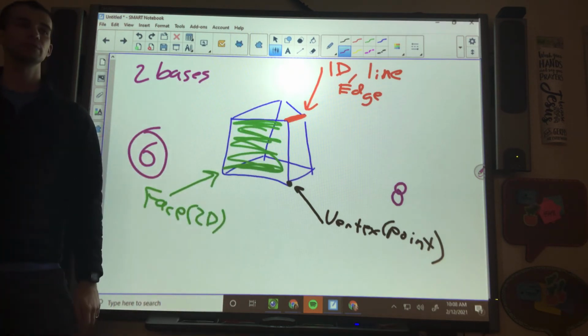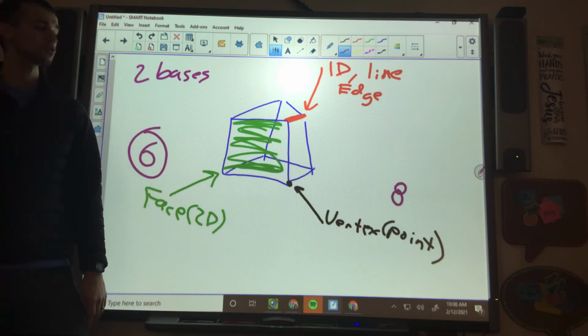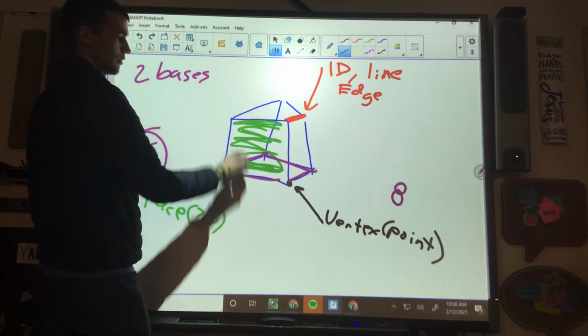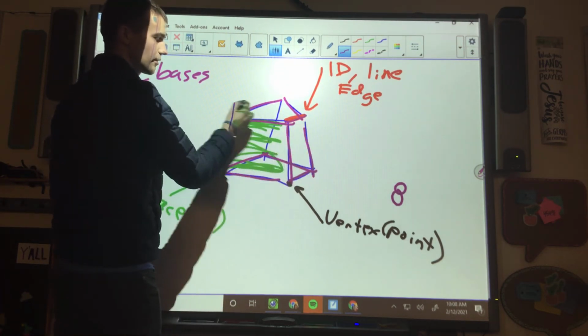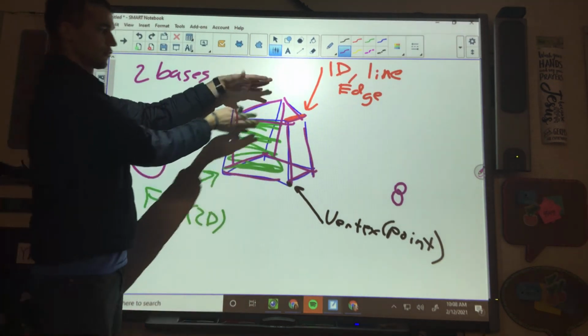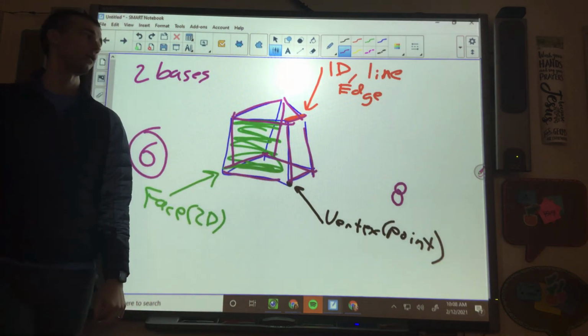How many edges? 16? Nope. 12. 1, 2, 3, 4, 5, 6, 7, 8, 9, 10, 11, 12. 4 on the top, 4 on the side. So 4 to form this, 4 to form that, and then 4 to connect them. 12.